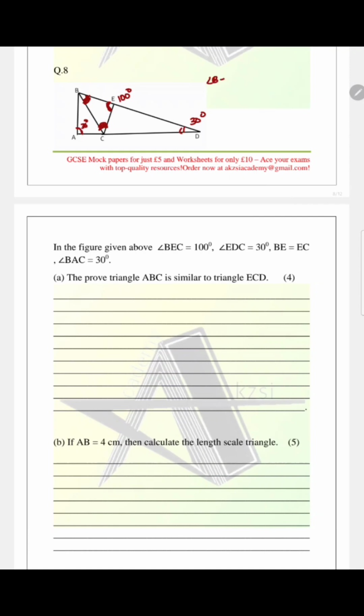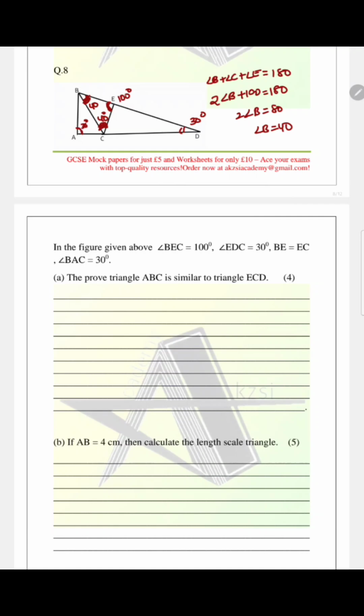That means angle B plus angle C plus angle E is equal to 180. Angle B and angle C are equal, so I can write 2 times angle B plus 100 equals 180. 2 times angle B is 80 and angle B is 40, which means each one of them is 40. Always give the reason, it's a geometrical proof.